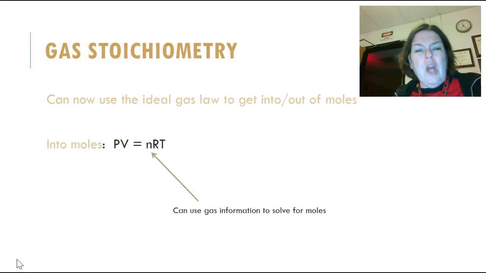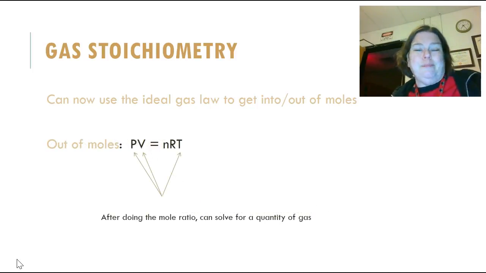We know that PV equals nRT gives us this information that we can get moles, but in PV equals nRT we only have one single pressure, volume, and temperature. That produces a little bit of a problem, but because we can solve for moles, we can do mole ratios after we have numbers of moles.